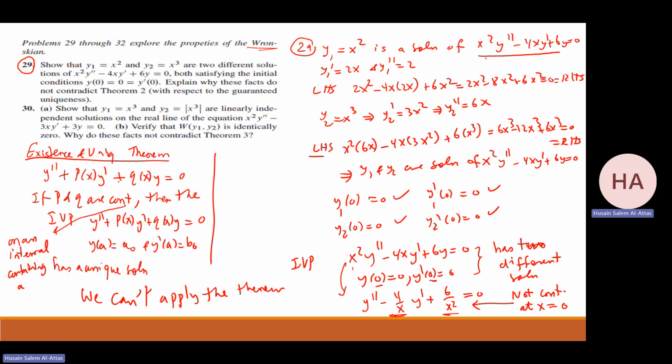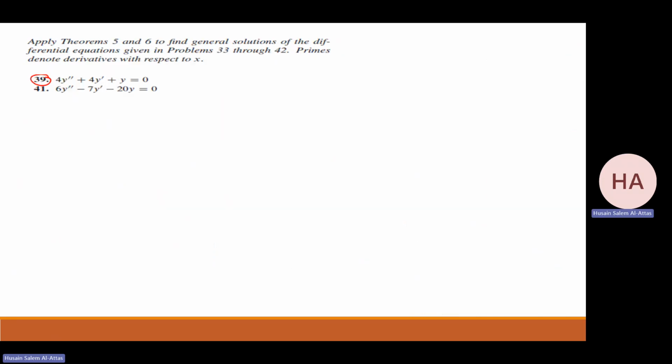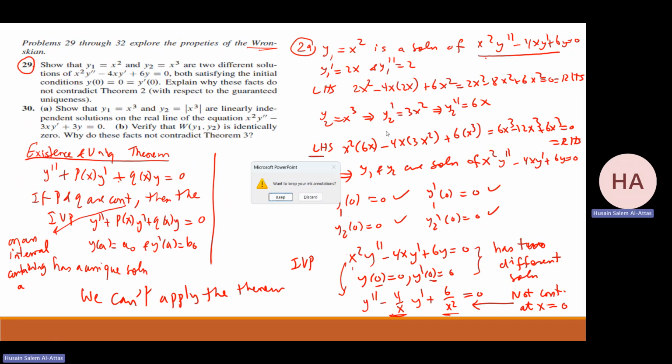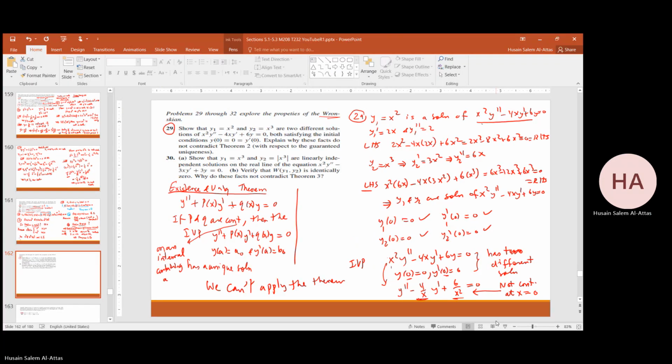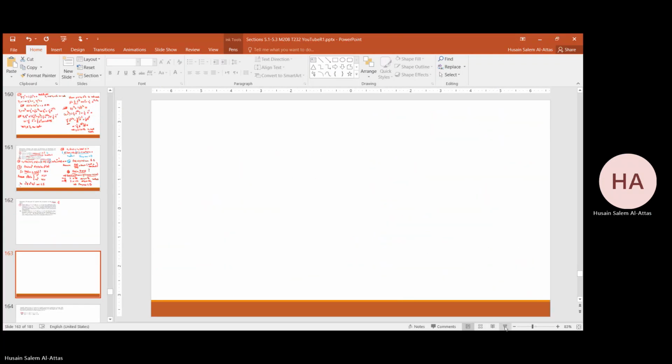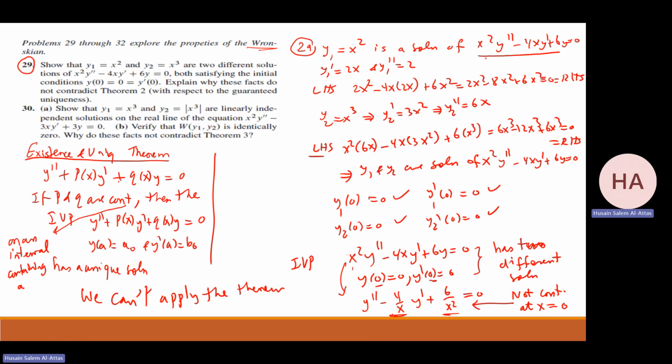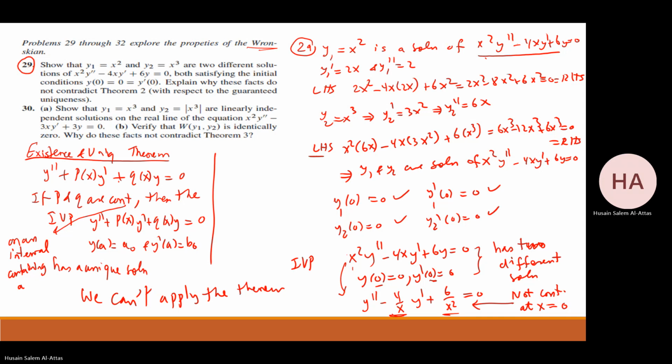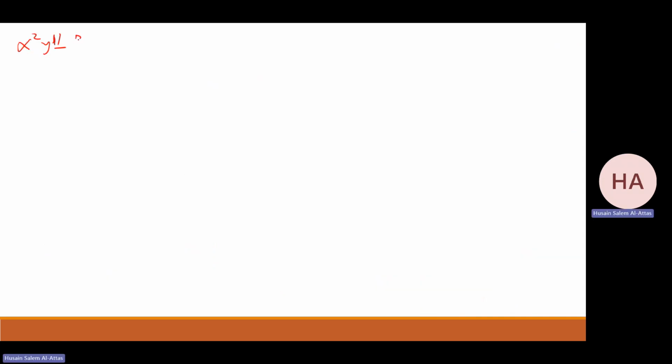What is the equation? x squared y double prime minus 3x y prime plus 3y equals 0.